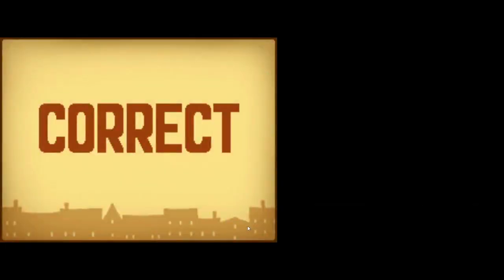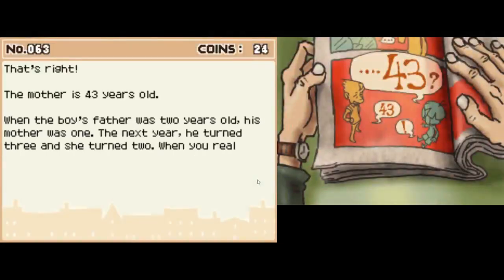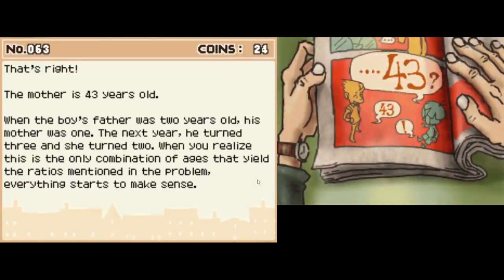So the dad is a year older than the mom. That's right. The mother is 43. When the boy's father was 2, his mother was 1.